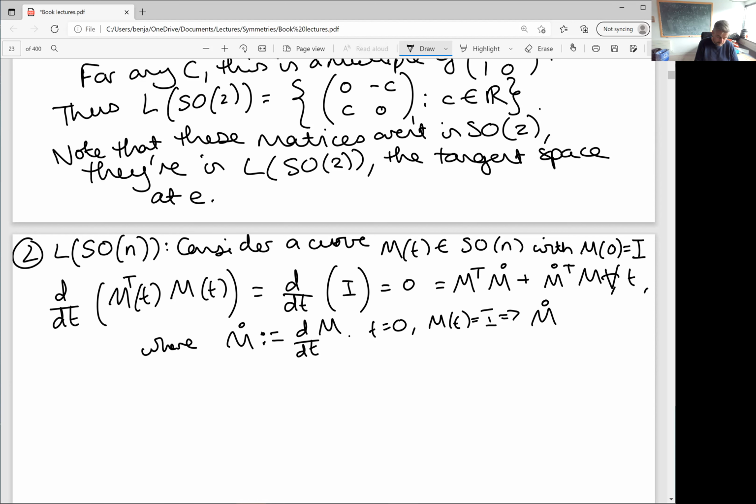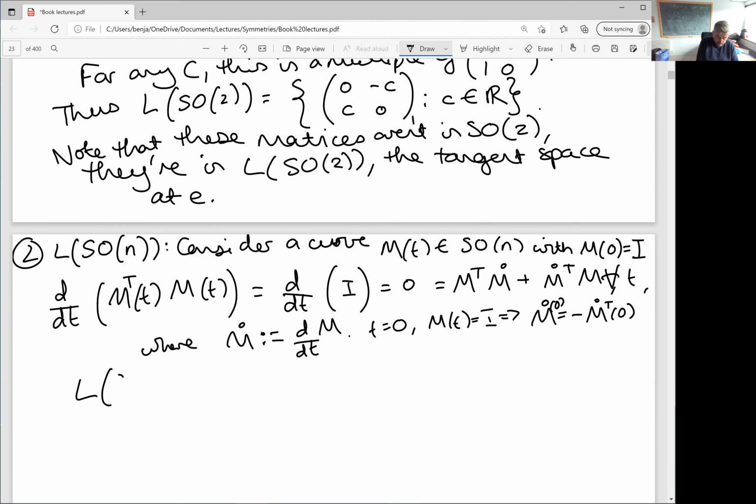Then we have the m dot at t equal to 0 is minus m dot transposed at t equal to 0. So remember, it's these derivative matrices we're after for the Lie algebra, but we've just proved that they're anti-symmetric.